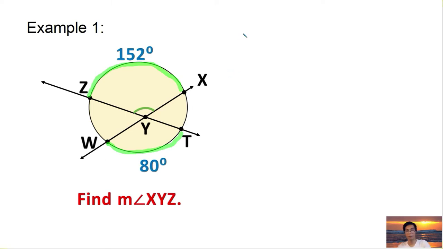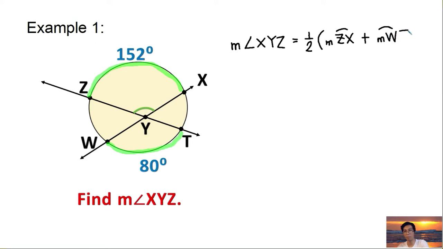Measure of angle XYZ equals 1/2 times the quantity, yung kanyang intercepted arc is measure of arc ZX or XZ, pwedeng magkabaligtad, plus the measure of arc WT or TW. Ayan. So, pagpaplasin mo naman na siya kasi yung angle nasa loob ng circle.